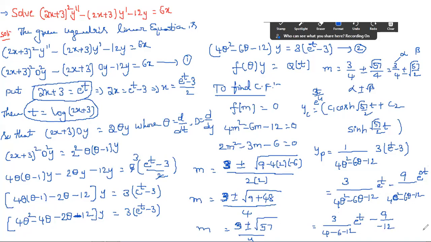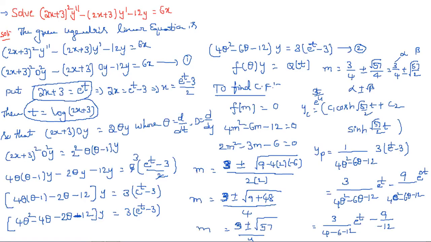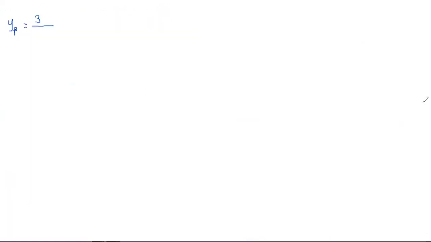So it means simply what we get, yp is equal to 3 by 4 minus 6 minus 12, that is minus 14 e power t, and next one minus into minus plus 9 by 12.